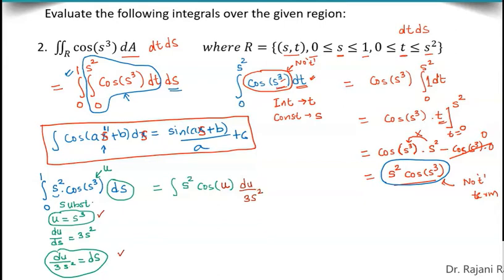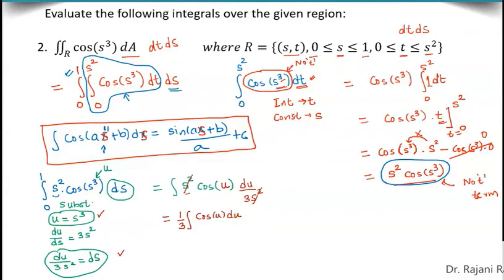Now we can see here we have two variables, s and u, so it's always better to simplify. In the denominator we have the number 3 and in the numerator nothing, so we take it outside as a constant, 1 over 3. We have cosine of u du.